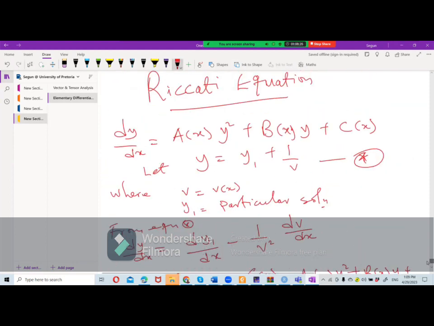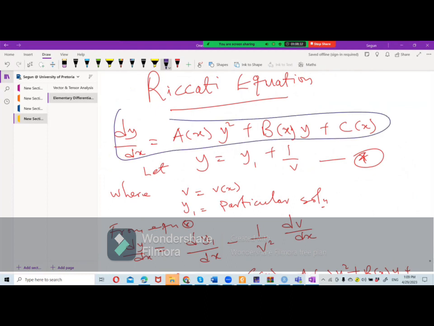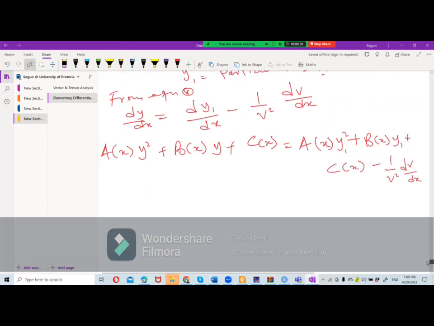Look at it, your dy/dx is here. So if my dy/dx is there, I will substitute my dy/dx here to be in this shape.